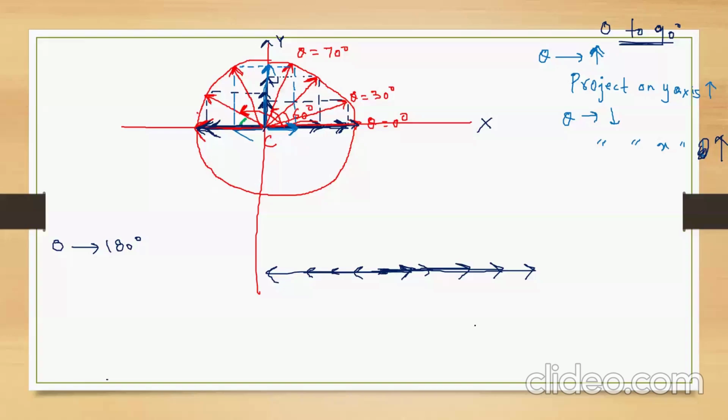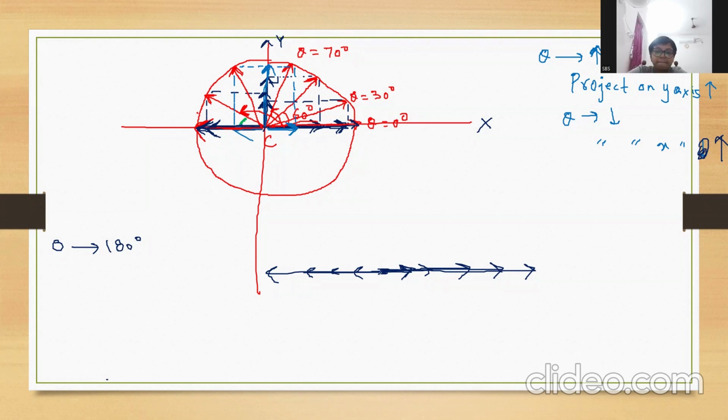Clear? So on the y-axis, when theta is 0, there is no projection. When theta is 0, this is the projection on the x-axis.